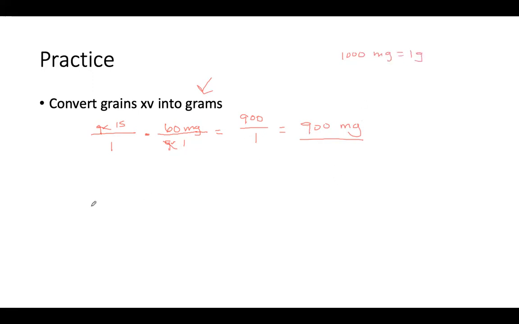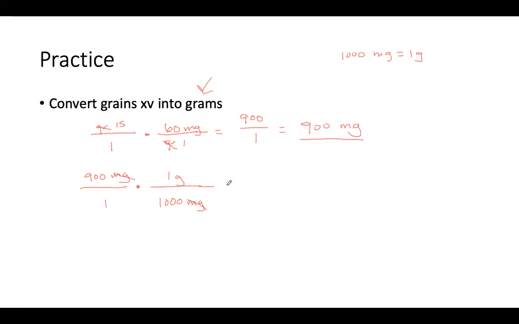So we're going to start with our known. 900 milligrams is our known. We're going to place it over 1 because we need to remember that it's a fraction. And then we're going to make this conversion factor so that the same units that are on the top here are on the bottom here so that they'll cancel out. So 900 milligrams, we're going to put 1,000 milligrams here and 1 gram on the top.